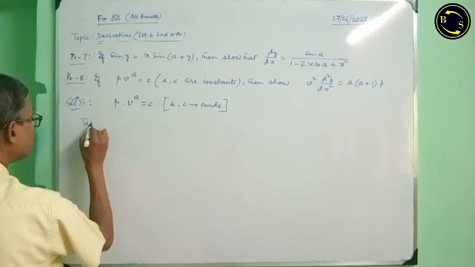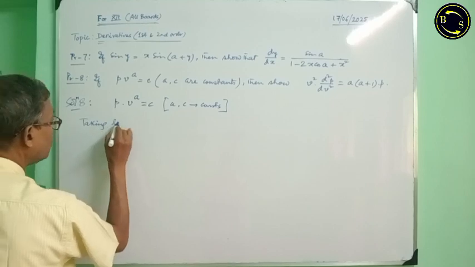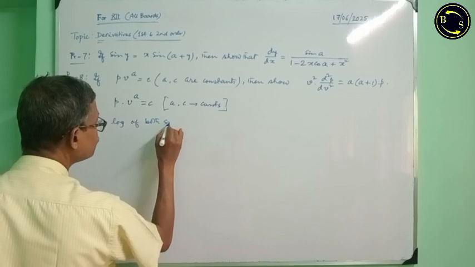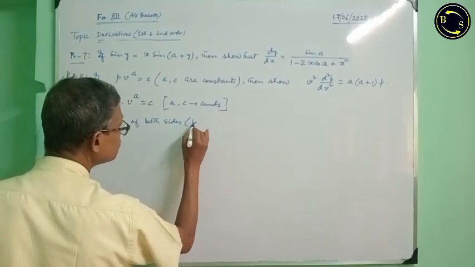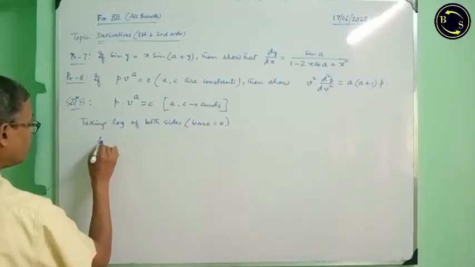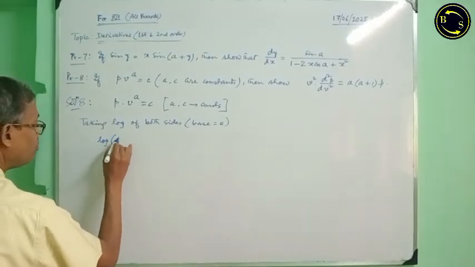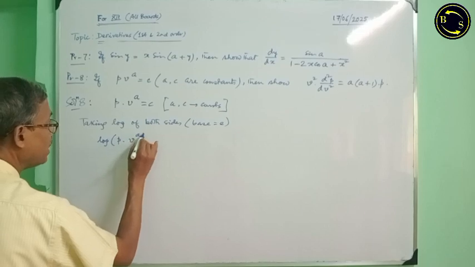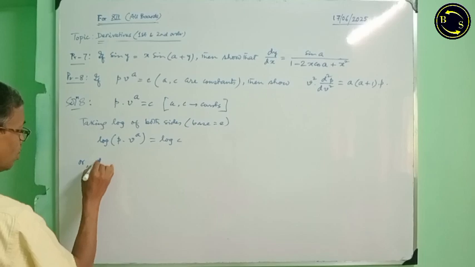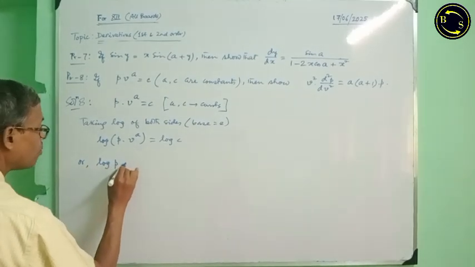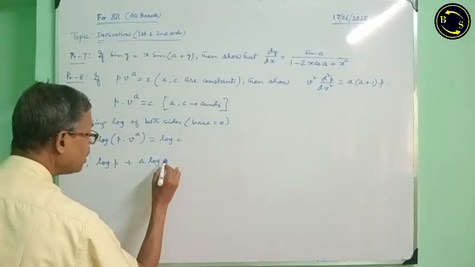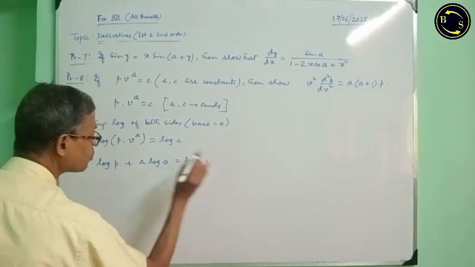Taking log of both sides, this of course will be log p plus a log v equal to log c.